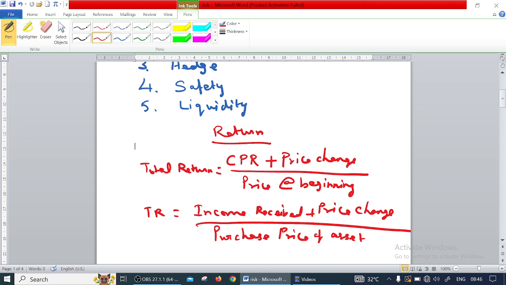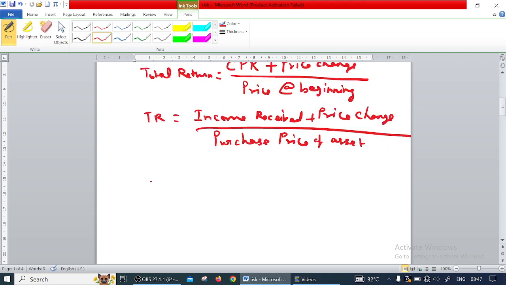For easy understanding, I will explain the formula in terms of symbols. R is equal to C plus PE minus PB, divided by PB.